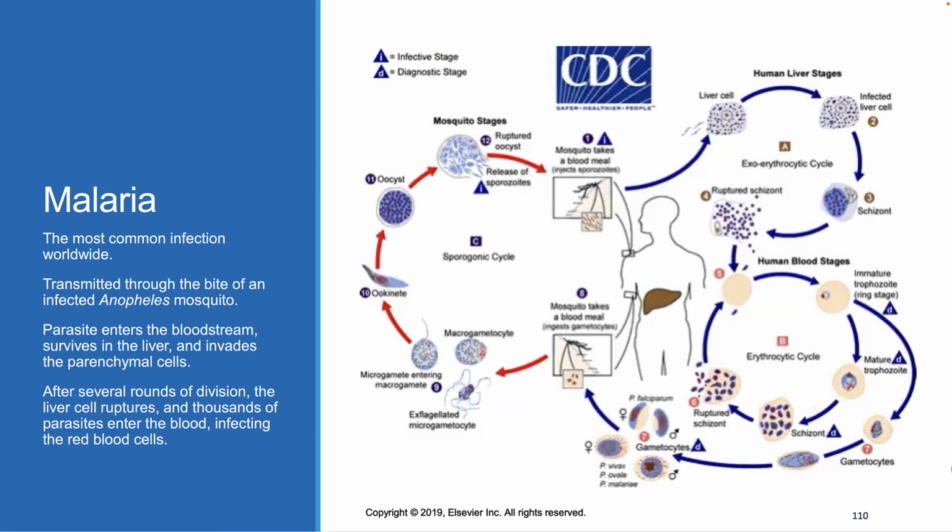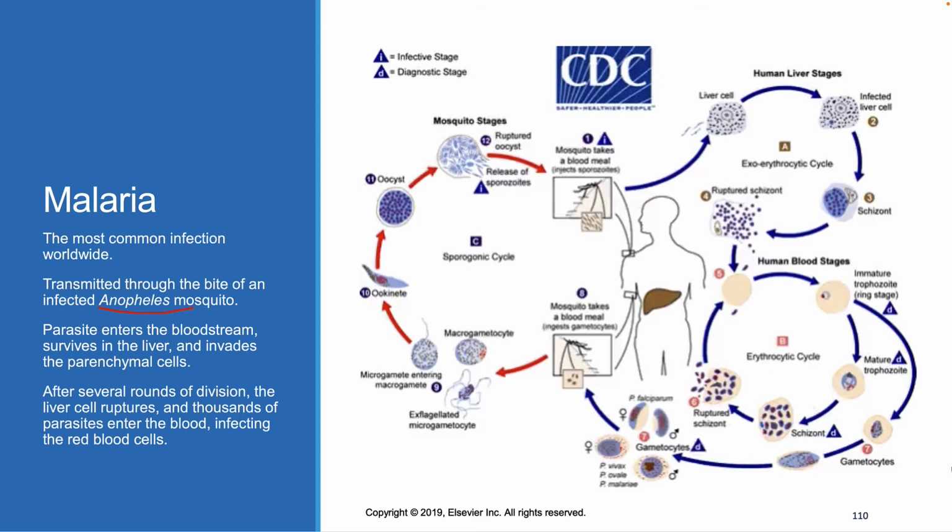So this is the malaria life cycle that's shown on this CDC borrowed image. Malaria is the most common infection worldwide, and it's transmitted through the Anopheles mosquito. The parasite enters the blood, survives in the liver, and then invades the parenchymal cells in the liver, right? The liver's parenchymal cells.